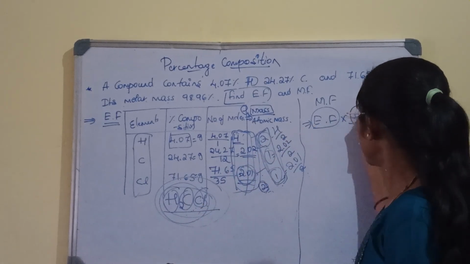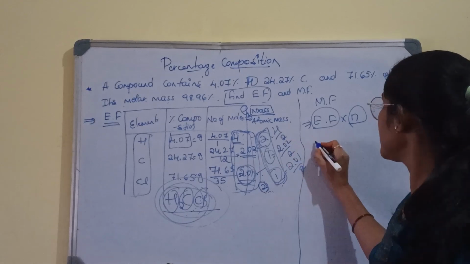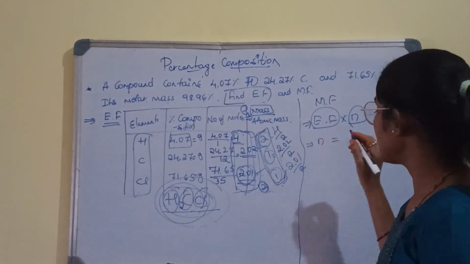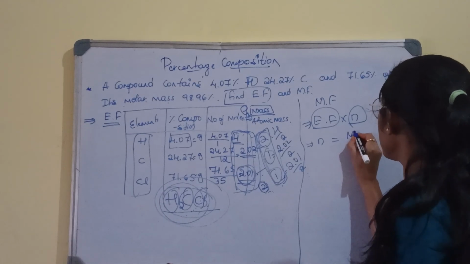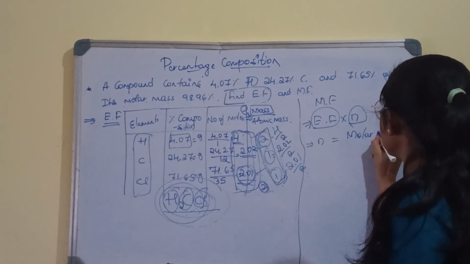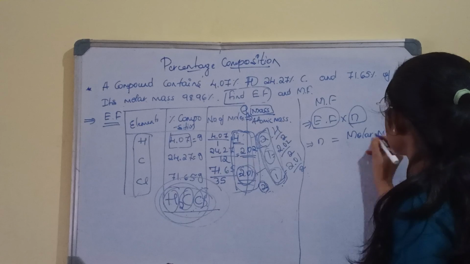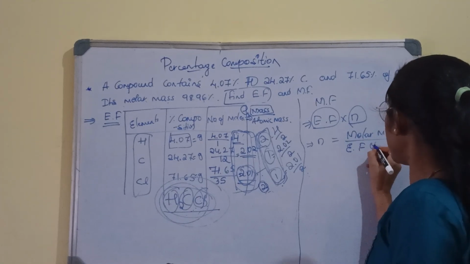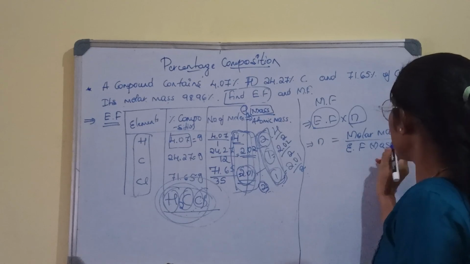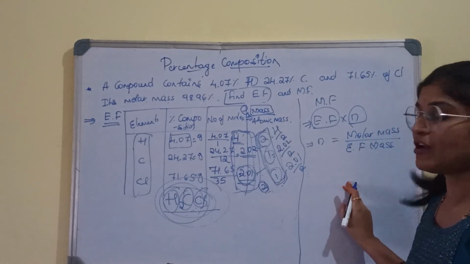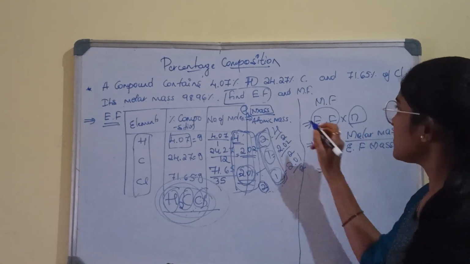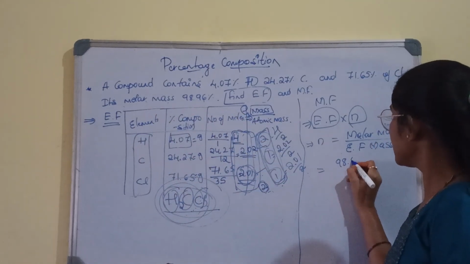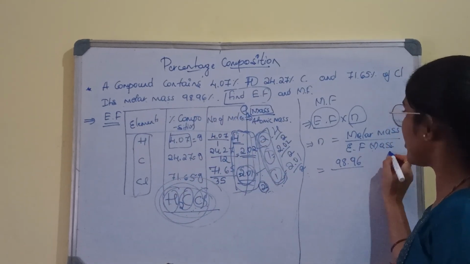Next, we want N. To determine N, we have another formula: N is equal to molar mass divided by empirical formula mass. The molar mass in the question is given as 98.96, divided by the empirical formula mass.